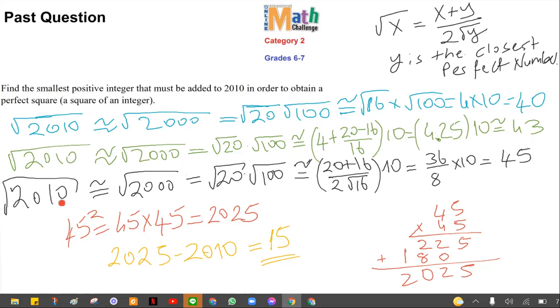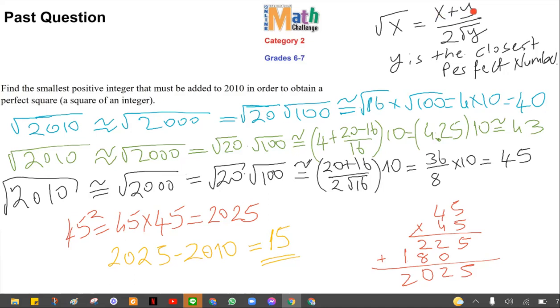In the final one, I have seen this formula on the internet. To find the closest perfect number to a square root, we choose the closest perfect number. Let's say y is the closest perfect number.